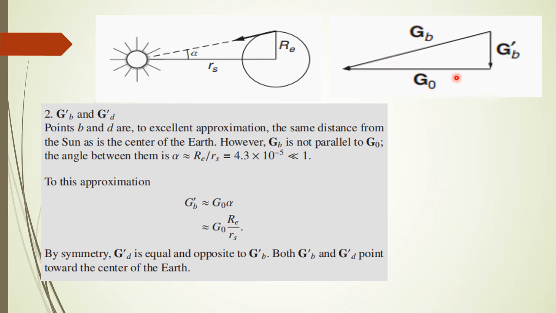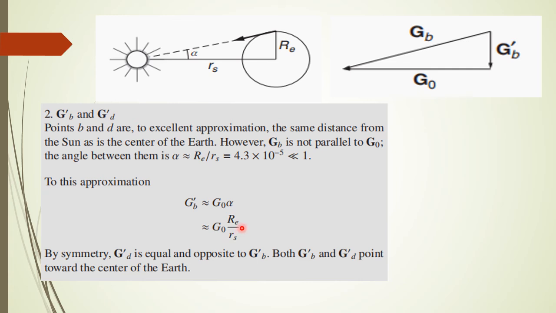So you can relate these three terms. How can you relate GB, Go and G dash B? You take tan alpha equal to G dash B by Go, or G dash B is equal to Go alpha. So alpha here is Re by Rs.